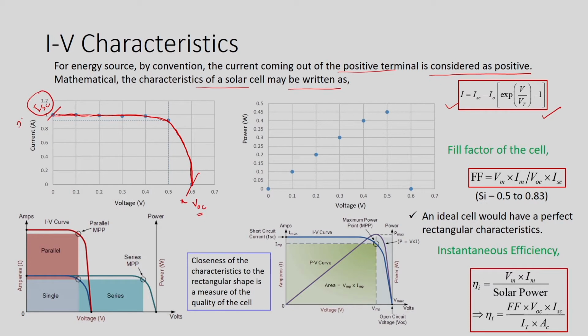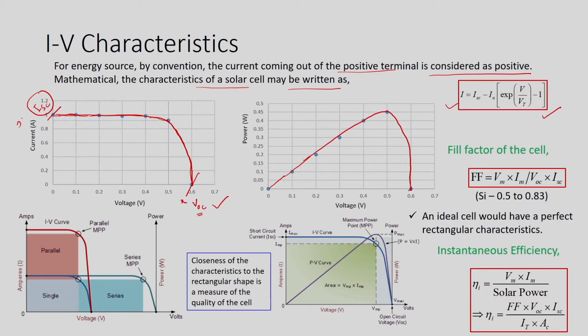Also, if we can generate this IV curve, we can also generate the PV curve, power versus voltage. If we vary power with respect to voltage, we can join those points and we get a maximum point, and then it decreases to 0 power.